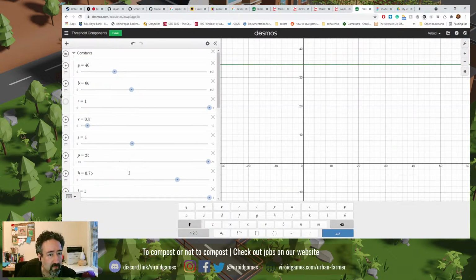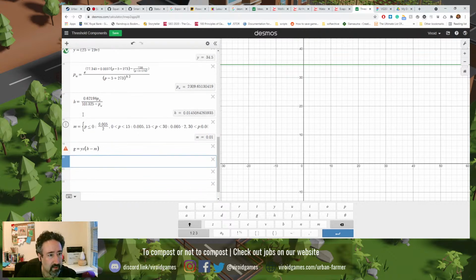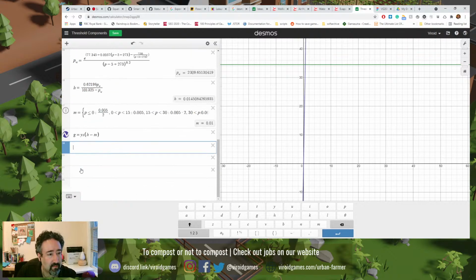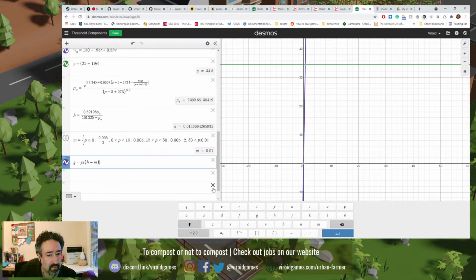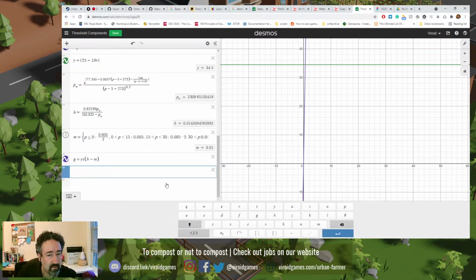H is not used. This H is actually here as a separate entity, so delete this constant. Come here, hit enter. It's been entered. Okay, we have something going on here. It's a good thing.